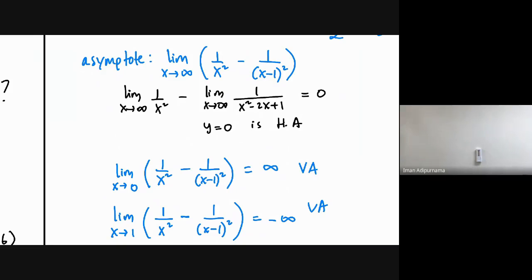In the terms of the function, you cannot have x equal to 0 and you cannot have x equal to 1, because when you put in 0 or 1, you make the function undefined. So that's why I guess 0 and 1 and check whether they become infinite or negative infinity. And how to check the limit.